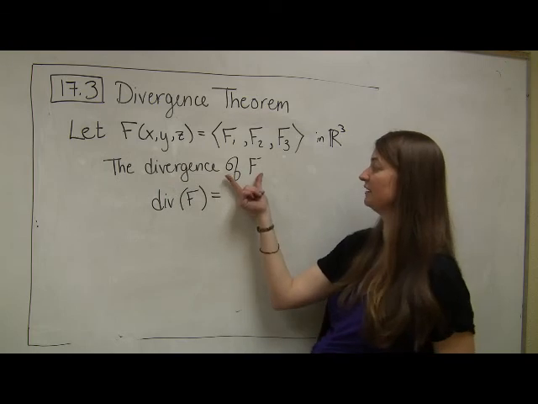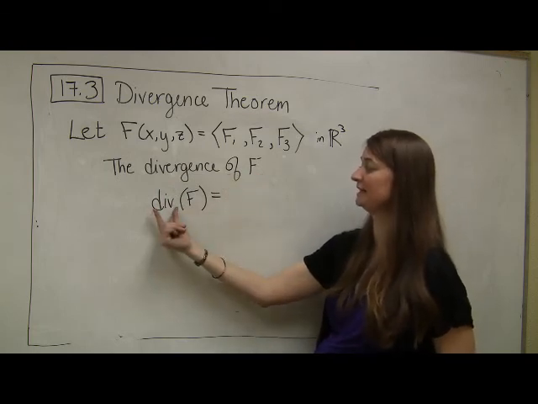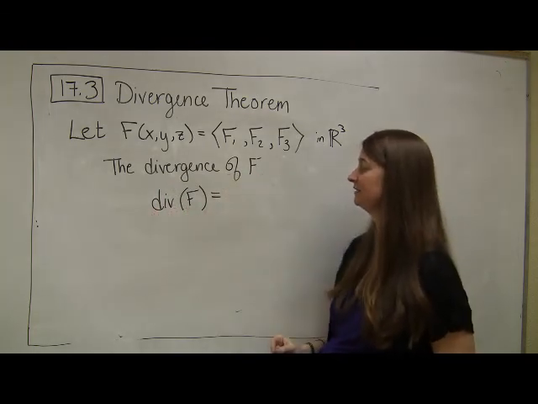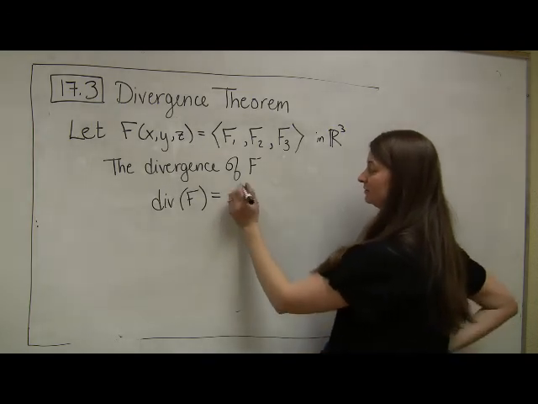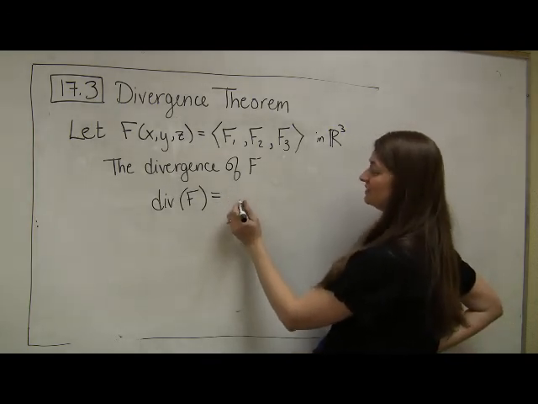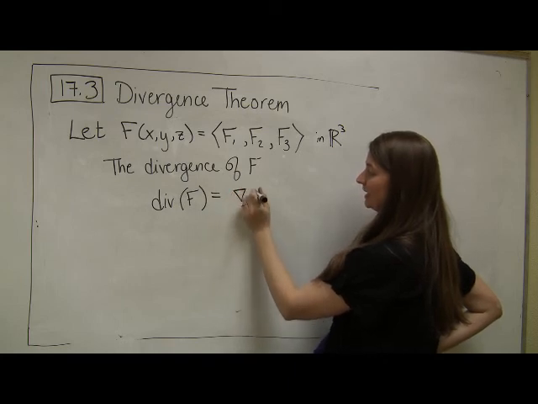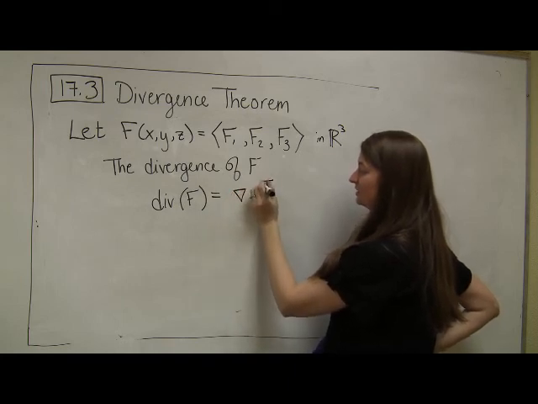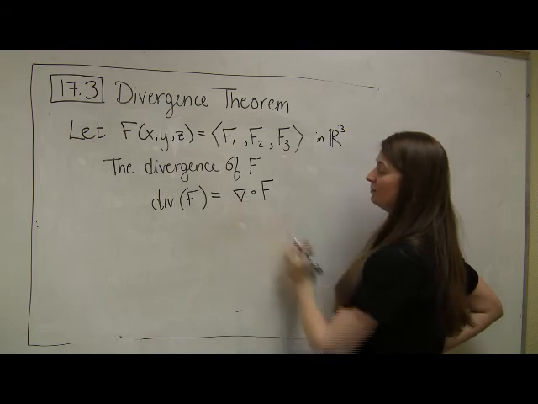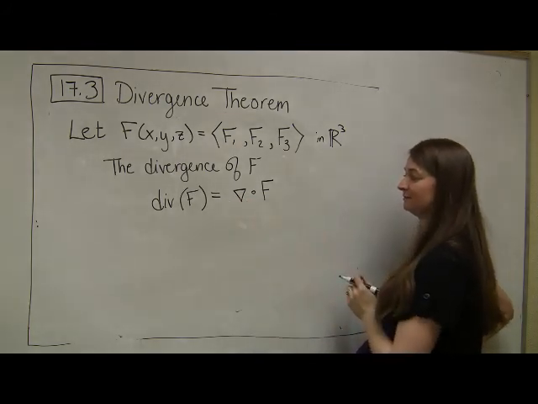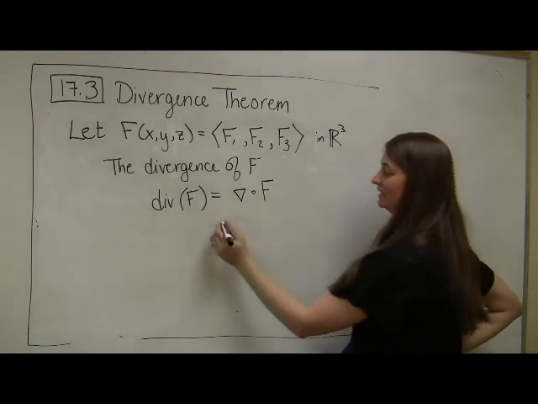The divergence of f, usually we abbreviate it as div f, is equal to, there are two ways of thinking about it. One way to think about it is that it's the dot product of the gradient operator with f. That's sort of a funny way to think about it. What is this notation telling us?